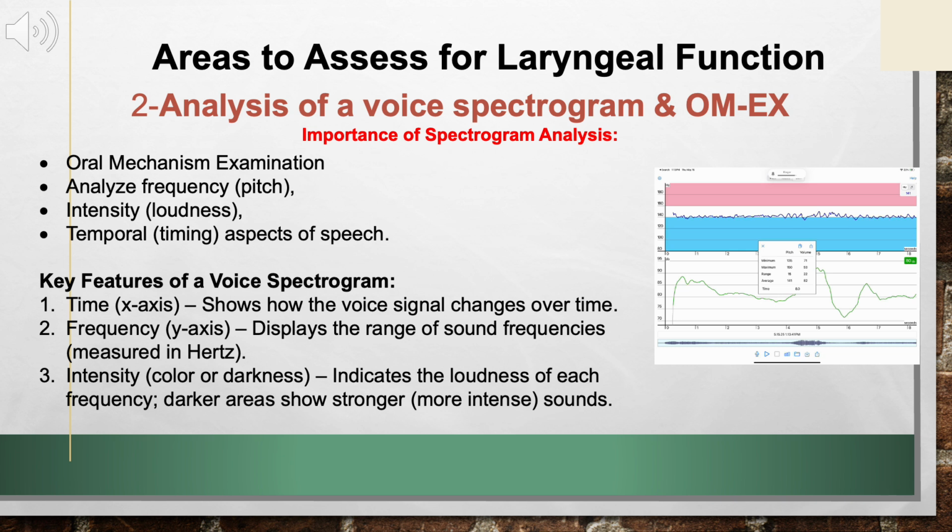Importance of spectrogram analysis. Identifies vocal fold vibration patterns and abnormalities. Detects resonance and articulation issues. Measures formants, which are resonant frequencies important for vowel sounds. Assesses pitch stability, phonatory breaks, or vocal tremor. Provides objective, quantifiable data to supplement perceptual judgments.